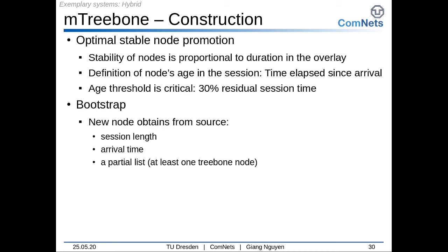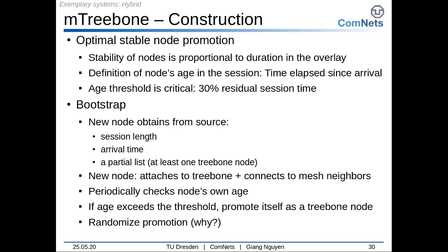In the bootstrap, each peer will receive the length of the session from that moment to the end, the arrival time, and a partial list of the partners, including some of the mTreebone nodes.